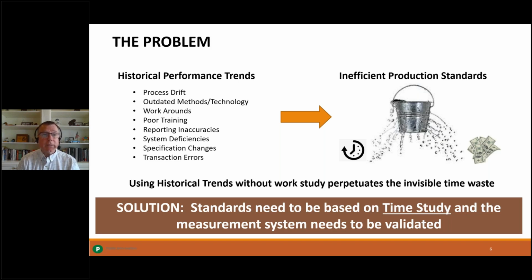And we know over time, waste has a way of working its way into our processes. So when we use those historical trends to set our standards going forward, all we're doing is perpetuating that waste. The only real way to understand the waste in your system and in your processes is to do time study and to analyze your measurement system as well as your processes. And that's what we want to talk about today.